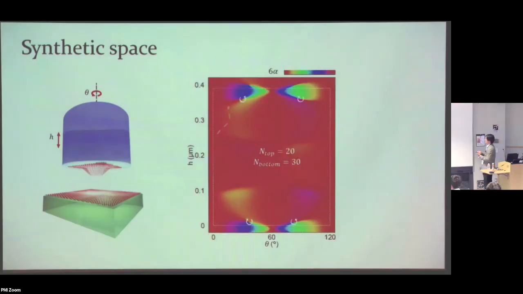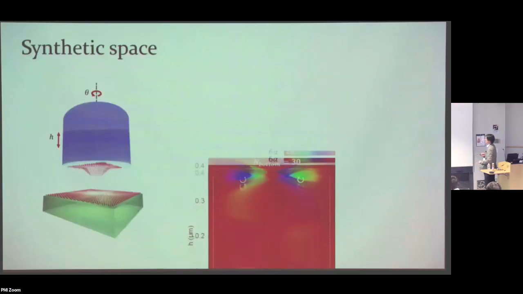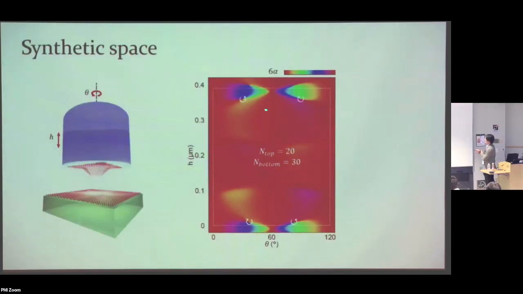You can do this in a theoretical way. If you plot the color, meaning the azimuth of this vector, going from 0 to 2 pi, you can plot the azimuth of this nonlinear susceptibility vector as a function of h, the distance, and theta, the twist angle.